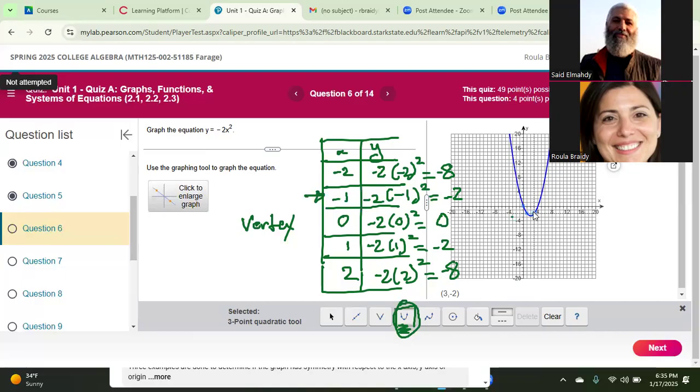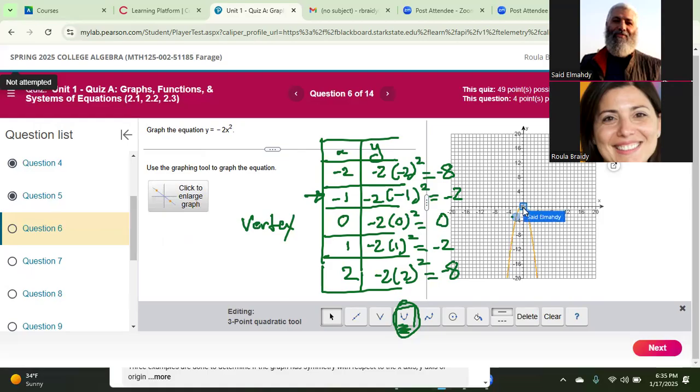Go to the left. To the left, -1, negative, and -2. Is this correct?